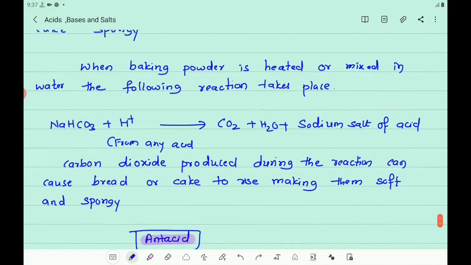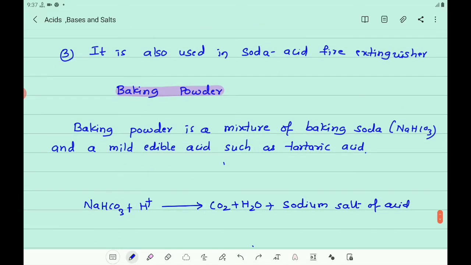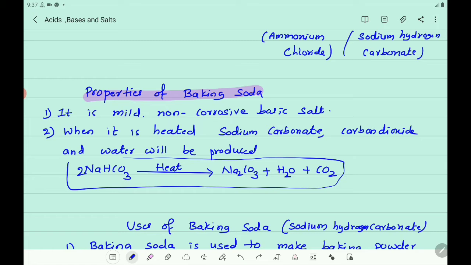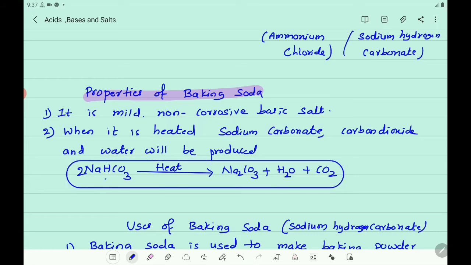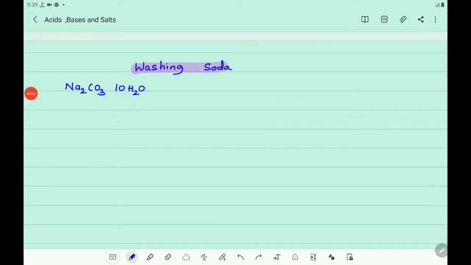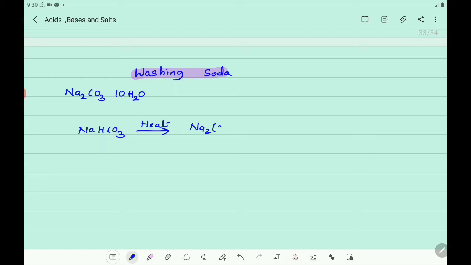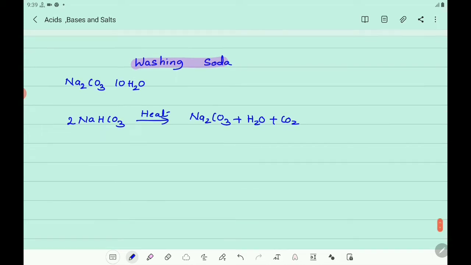Here you observe this reaction: when sodium bicarbonate, that is sodium hydrogen carbonate, is heated, you will get sodium carbonate Na2CO3 plus H2O plus CO2. And here to balance it we have to take 2.